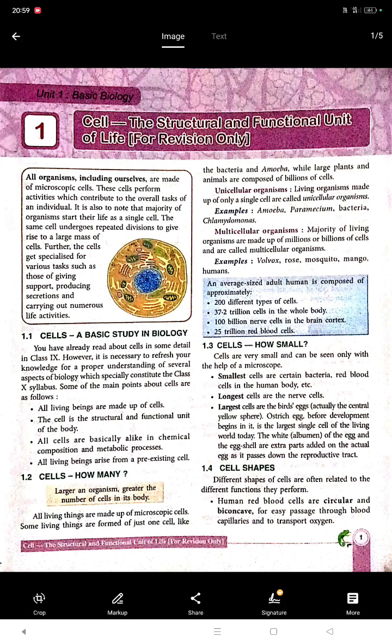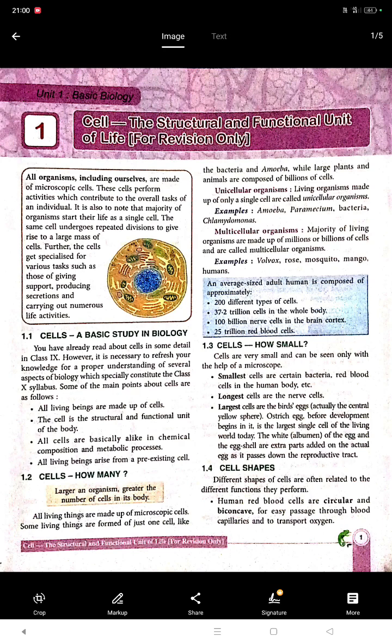Okay, cells, how small? The smallest cells are certain bacteria, red blood cells in the human body, etc. Smallest cells are bacteria cells and the red blood cells, which are present in the human body. Okay, and the longest cells are nerve cells.